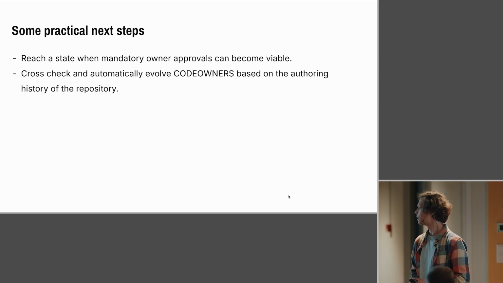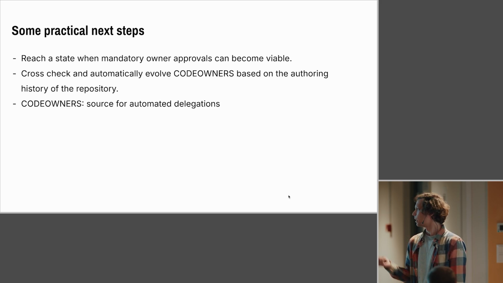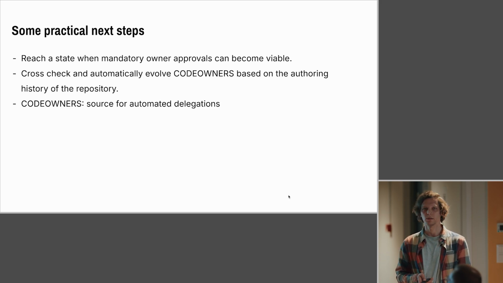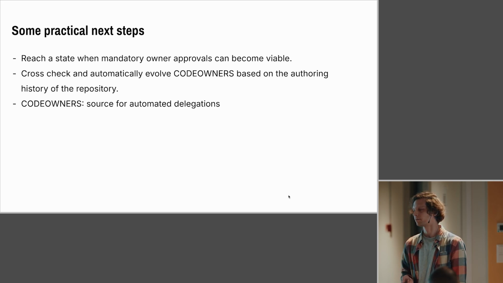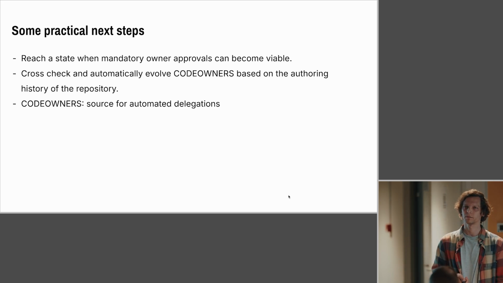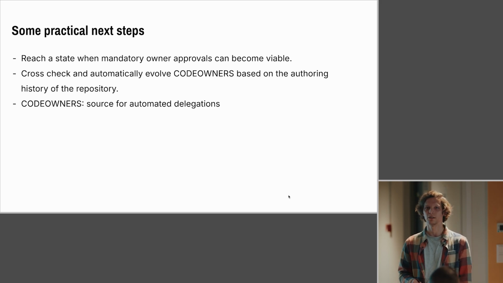So we want to cross-check our assumptions based on history. And also, the plan is to utilize the code owners file for certain automated delegations, like flaky tests, errors, assertion validations, and so on.